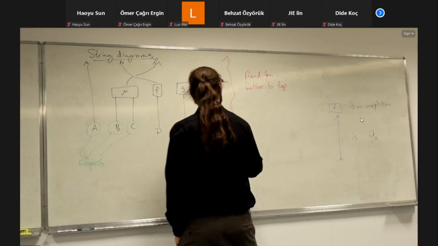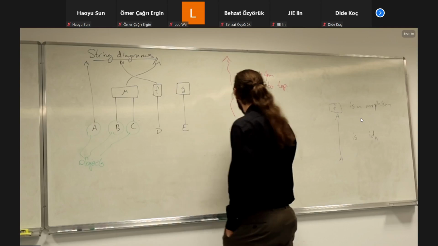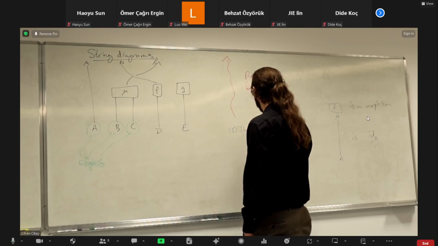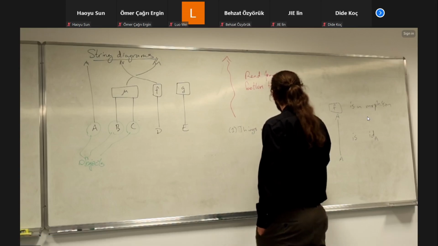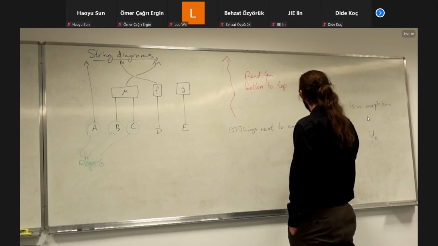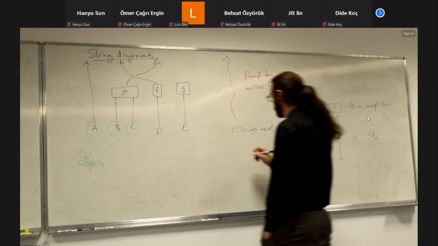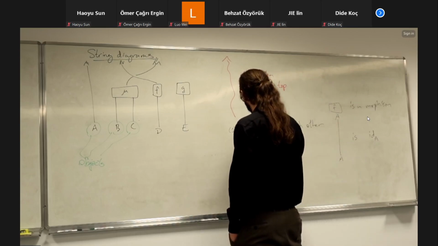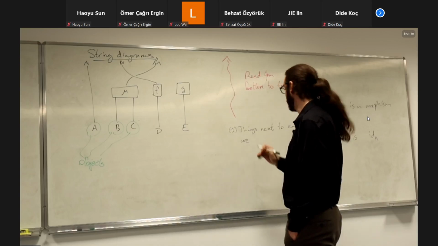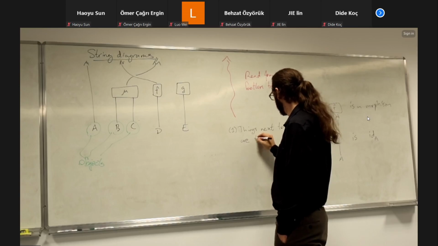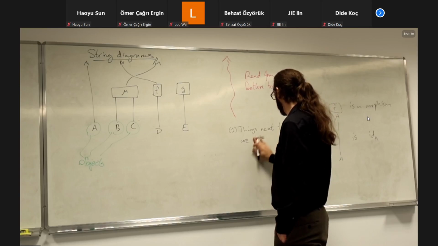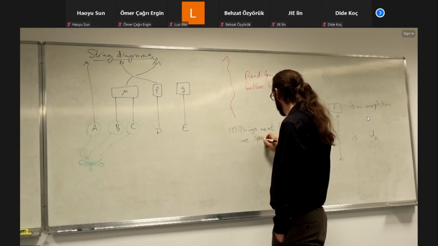Those two formal rules are, first, things next to each other are tensored, are products, let's say.